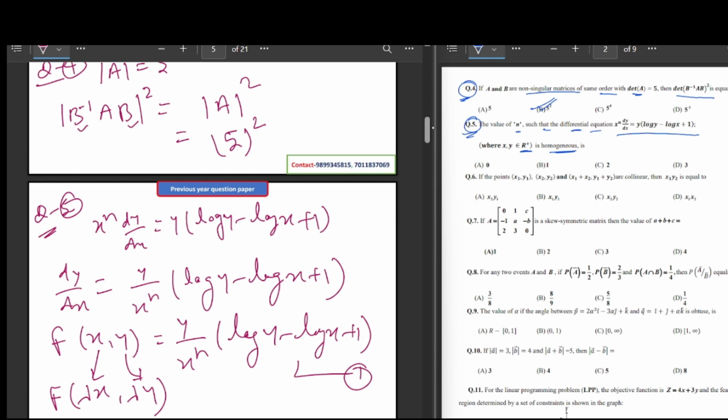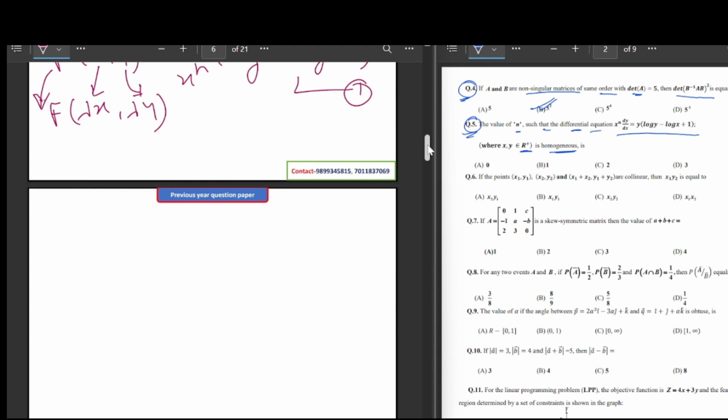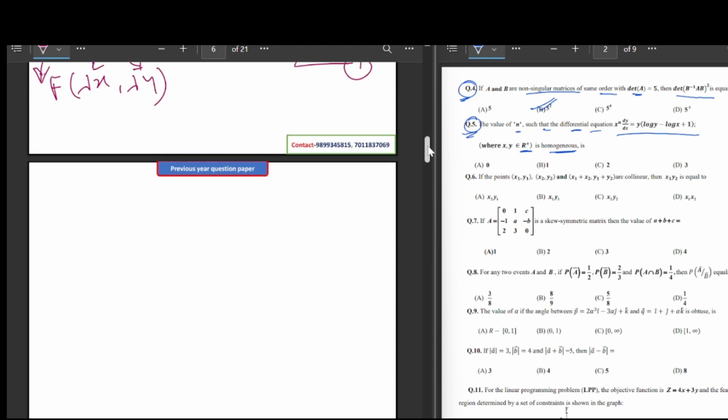If this and this both are equal, then the function or equation, which is a differential equation, will be homogeneous. So now the next part of this question: we have to find f of lambda x and lambda y.